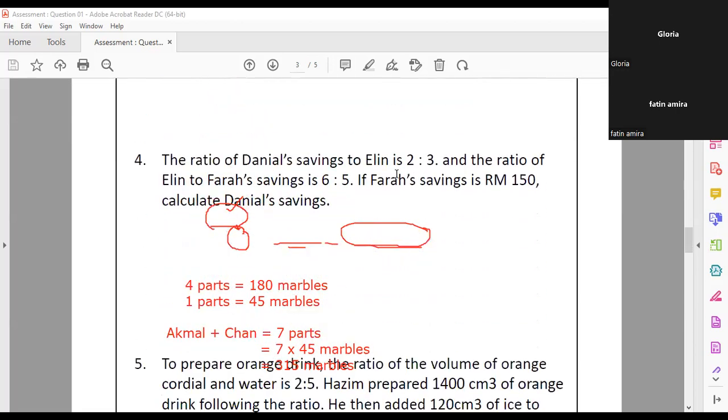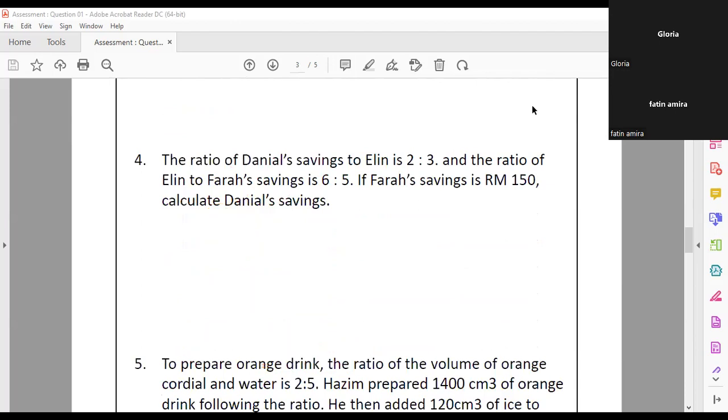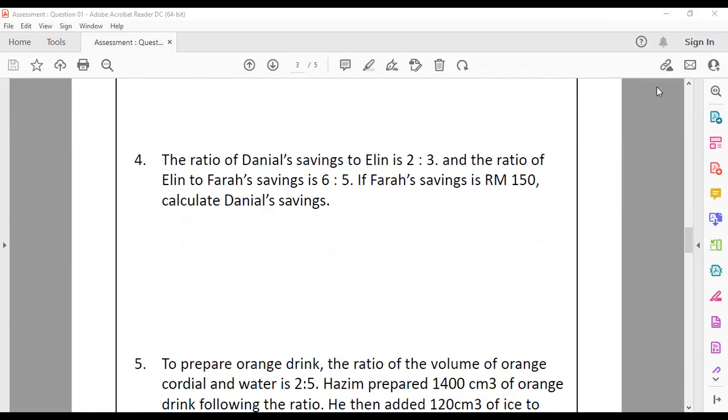Now we're going to number 4. All right, we're going to number 4 now. Okay, ready? All right, let's do the ratio. Ratio of Daniel's savings to Eileen is 2 to 3. So Daniel has 2 parts, Eileen has 3 parts. And the ratio of Eileen to Farah is 6 to 5. You see this now?